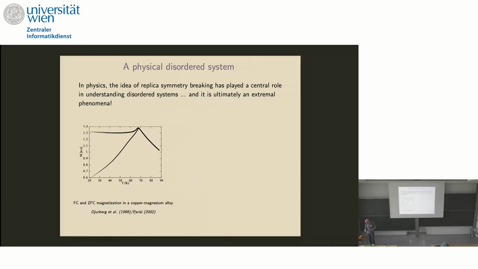And it turns out what people realized is that there are two different magnetic susceptibilities you can look at, depending on whether you're looking at the magnetic susceptibility in a given configuration, like you're freezing the system in a disordered configuration, that's the lower one, or whether you're doing this over an average over different realizations of this freezing process. So they call it the FC and ZFC magnetization.